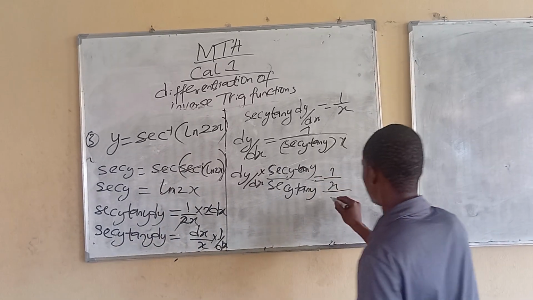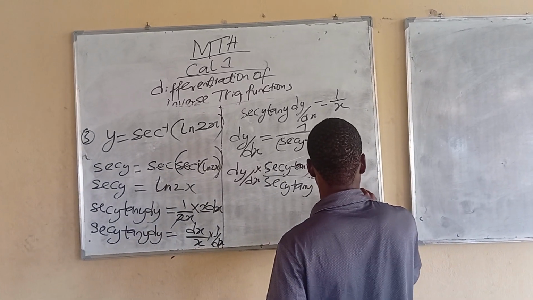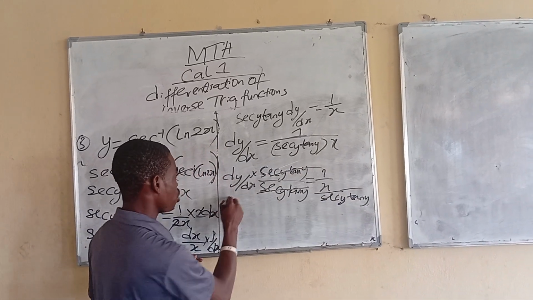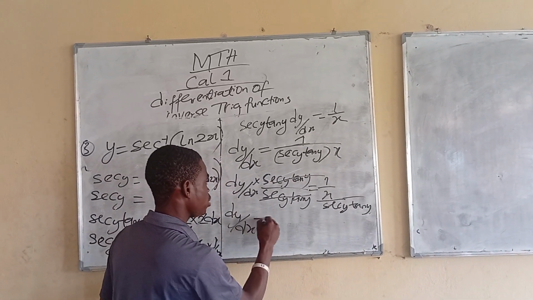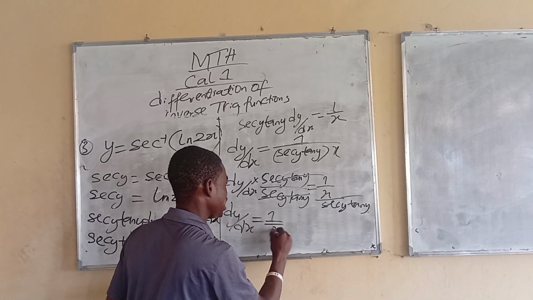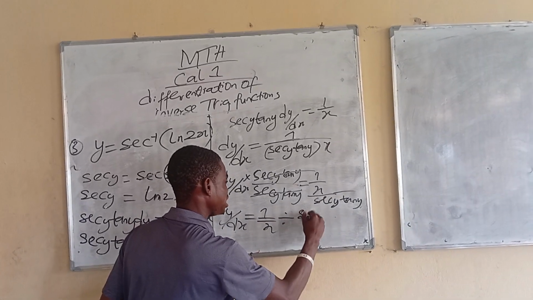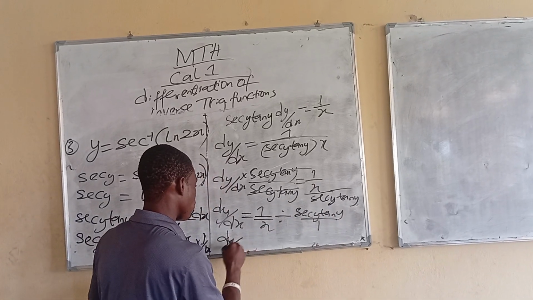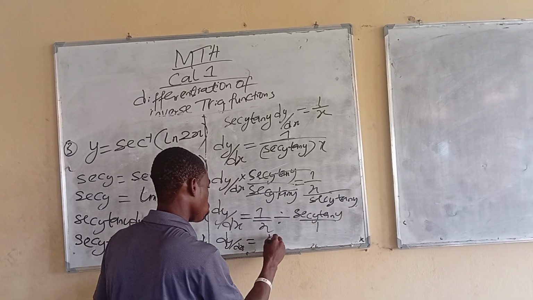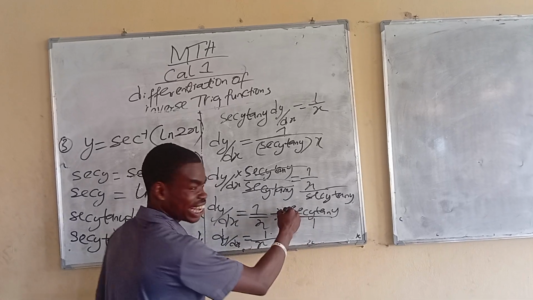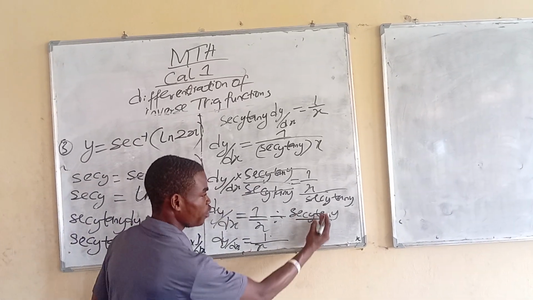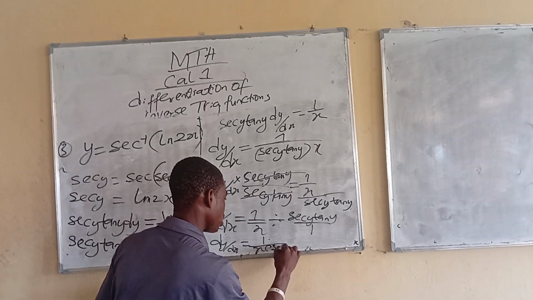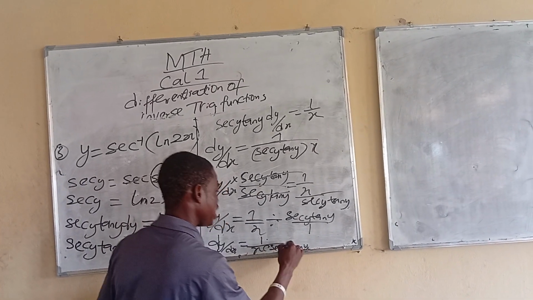That's going to be divided by sec y tan y, so that this one will get rid away, and dy over dx equals to 1 divided by x, then divided by sec y tan y divided by 1. So that your dy over dx will be equals to 1 over x. Then this sign will change to multiplication sign. Then the function we have in the right hand side will interchange. So that will give us sec y tan y. That's how I got here.